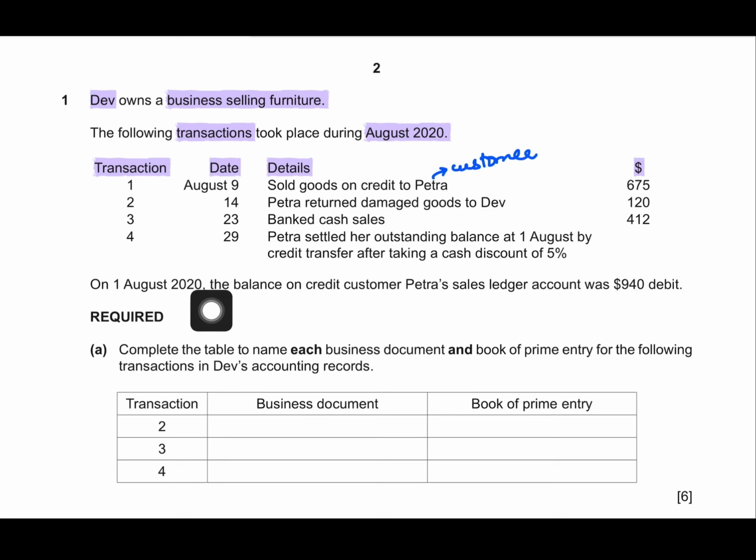But then the question also tells us that on 1st of August 2020, the balance on credit customer Petra's sales ledger account was 940 debit. So here we are told the balance brought down, and this is the balance which Petra is settling on 29th of August after a cash discount of 5%, right? So we'll see how we record these transactions.